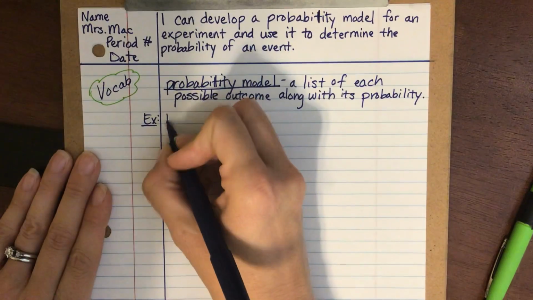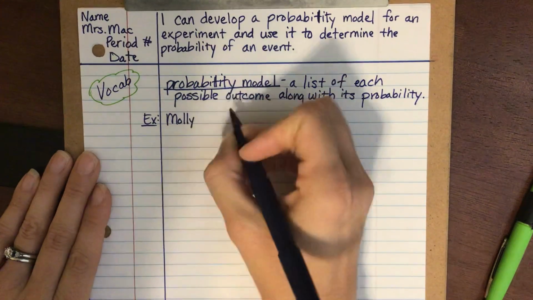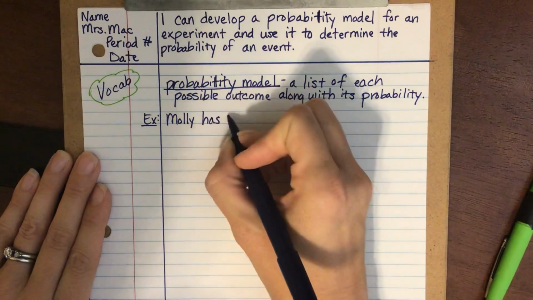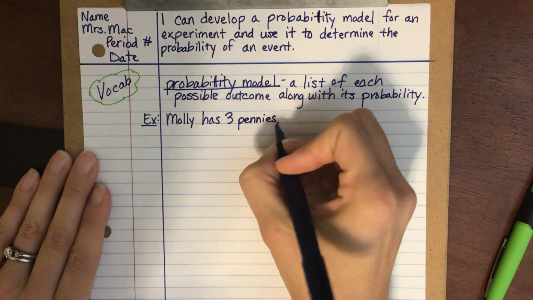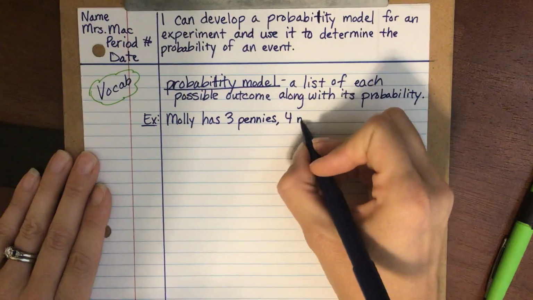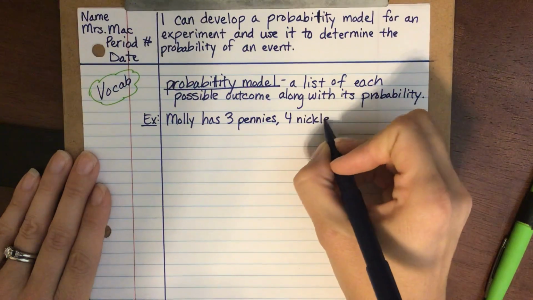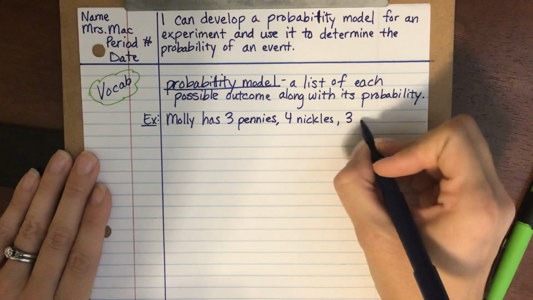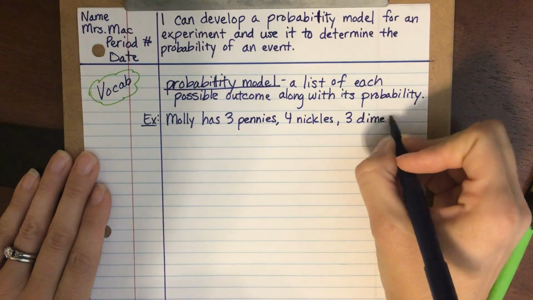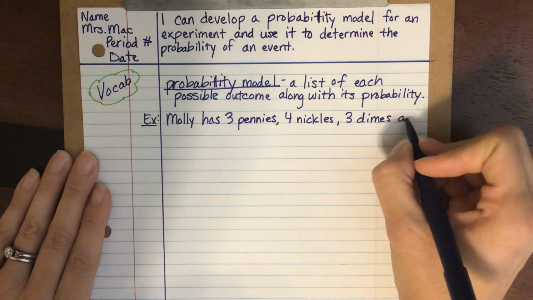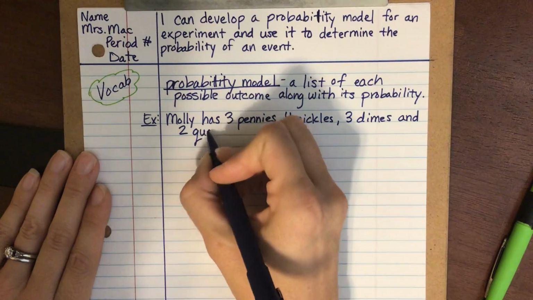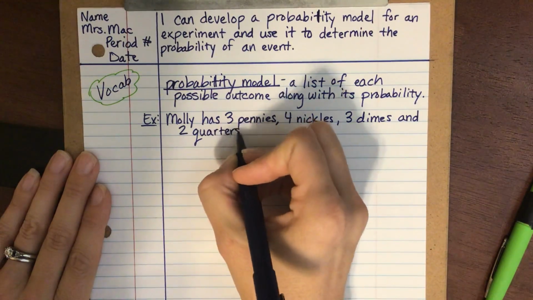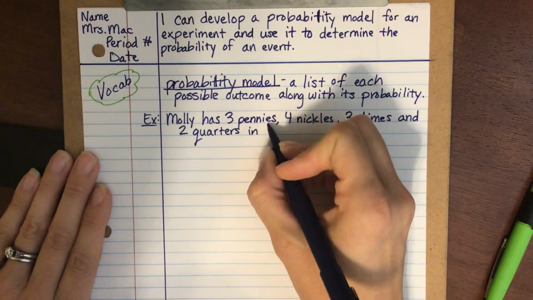So let's say that Molly has 3 pennies, 4 nickels, 3 dimes, and 2 quarters in her pocket.